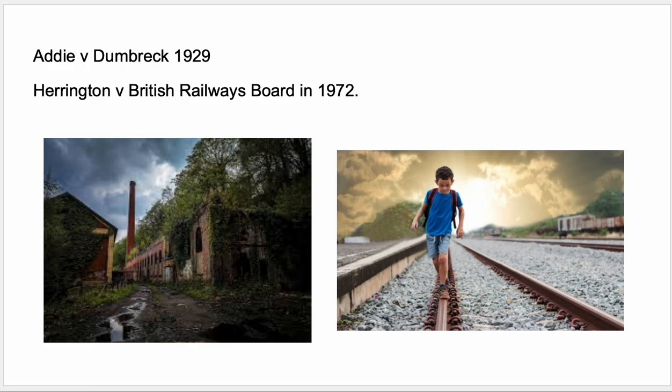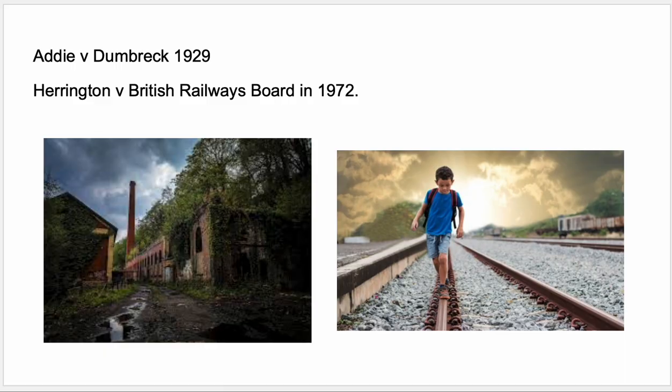And the House of Lords, who now of course had the practice statement, used it to depart from that old Addy and Dumbreck rule from the 1920s. They held that railway companies and occupiers more generally owed a duty of care to trespassers, at least to take reasonable steps to prevent injury in dangerous situations. So, maybe putting up fences and signs and so on.